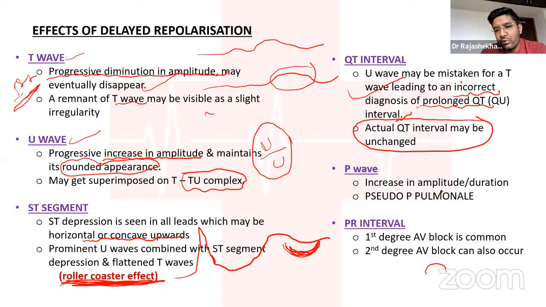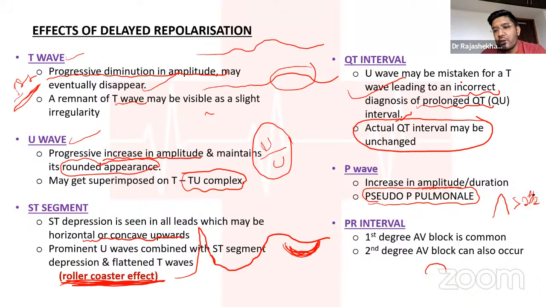Then P waves: although abnormalities of the P wave are also seen in severe hypokalemia, the very important thing mentioned in the literature is the increase in P wave amplitude. It is also called pseudo P pulmonale. We know that P pulmonale, which occurs in COPD or any chronic respiratory disease, is an increase in P wave amplitude of more than 2.5 small squares.